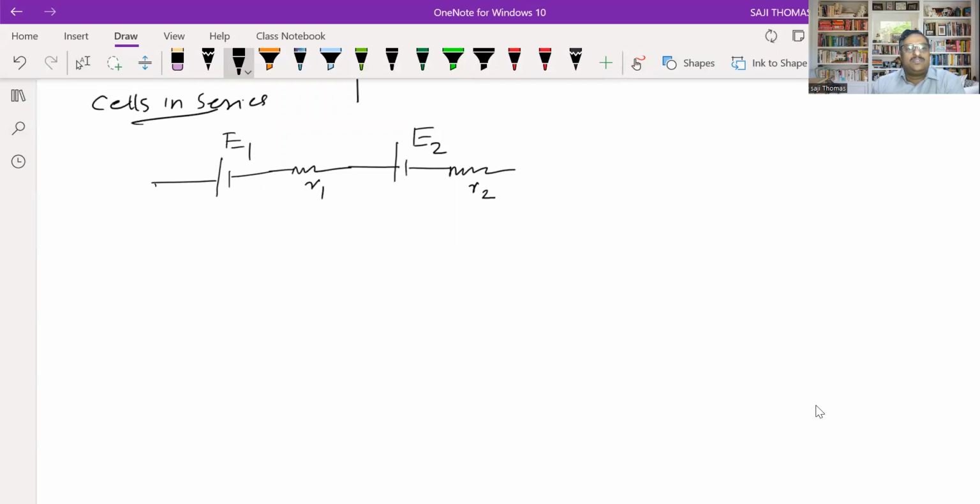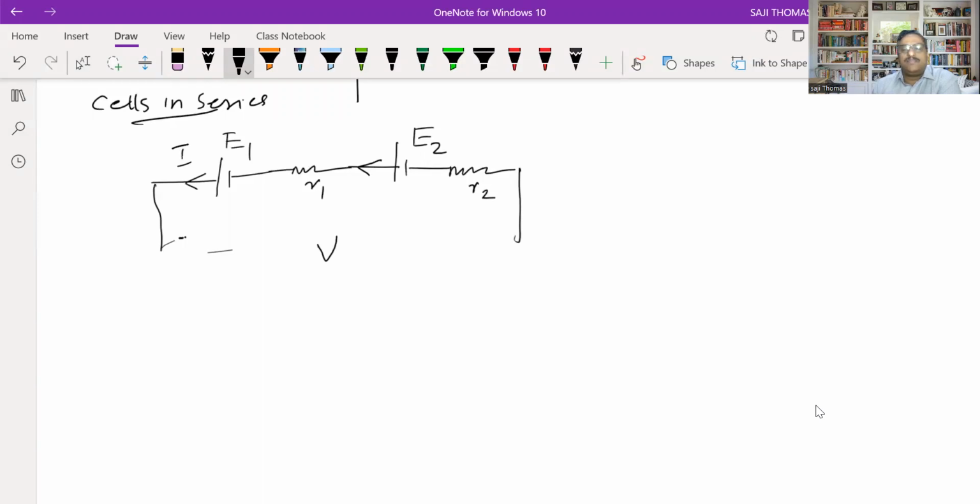The potential difference across this combination is V. You know, when resistors are connected in series, the same current flows through all resistors. In the same way, when cells are connected in series, the same current flows through both cells. This is the cells in series.